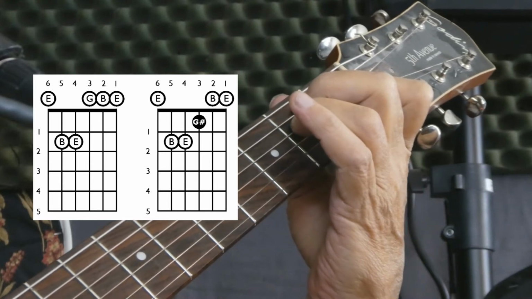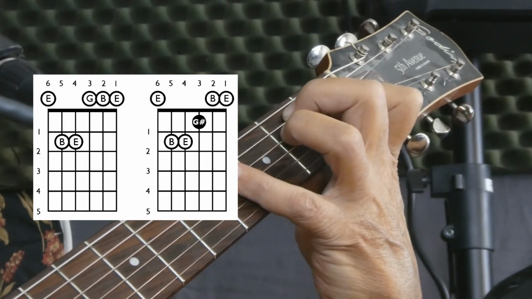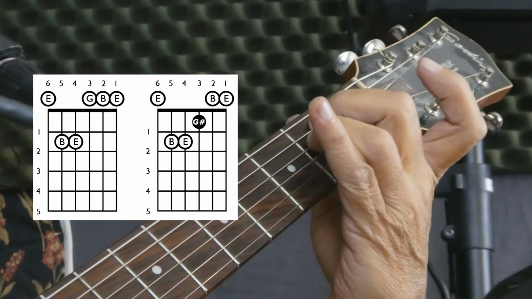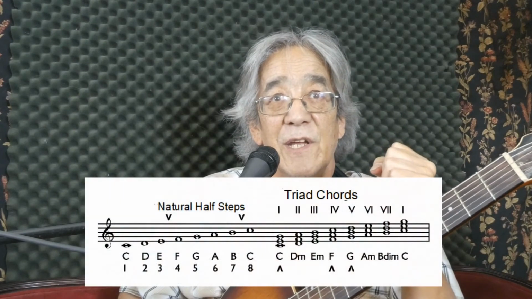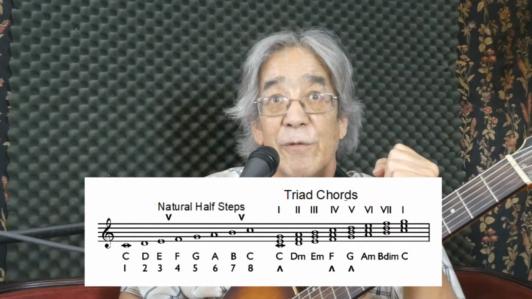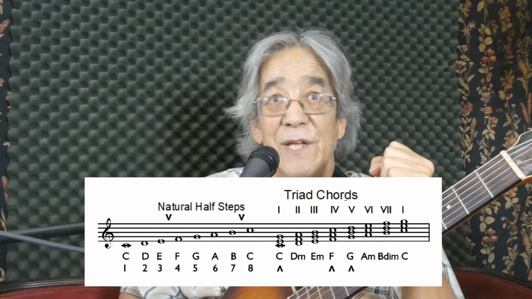If it was G natural, then it would be E minor. Very important thing to understand that the number 3 does not show up in a chord name at all, because that's what the m is about. The small m is to indicate a minor third, not a major third.